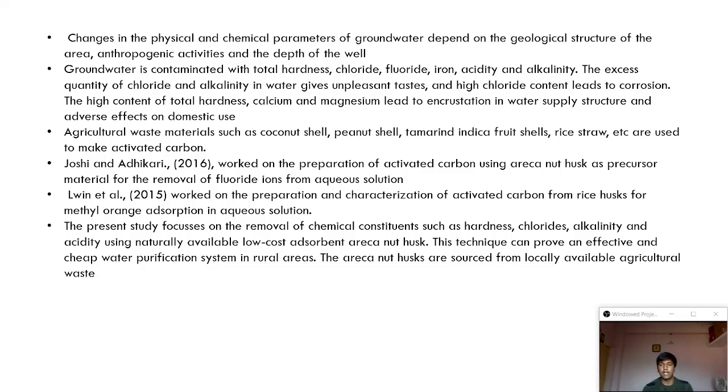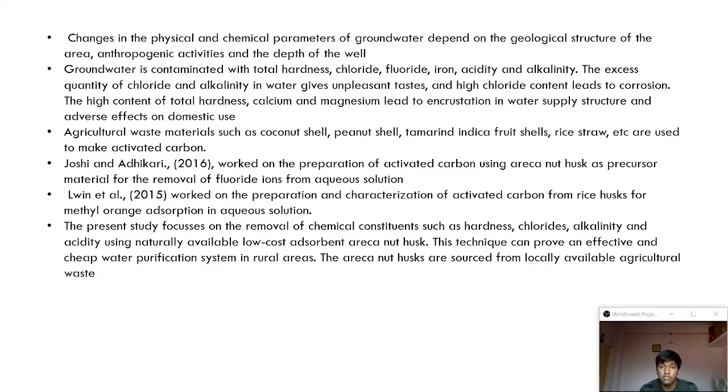We'll get to areca nut husk in just a minute. This technique can prove an effective and cheap water purification system in rural areas. The areca nut husks are sourced from locally available agricultural waste.